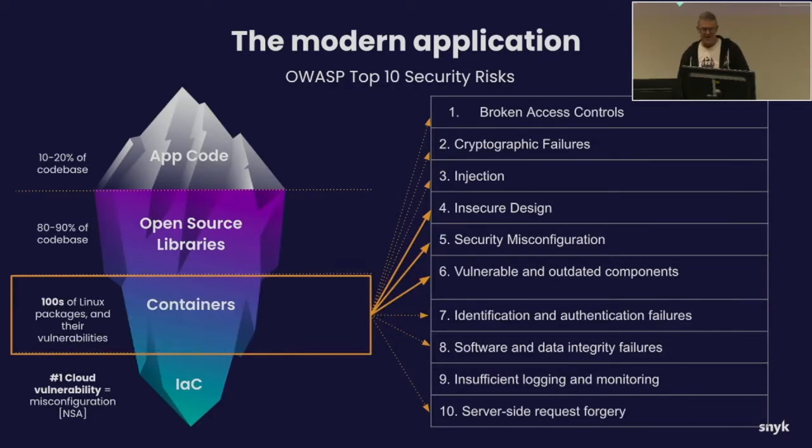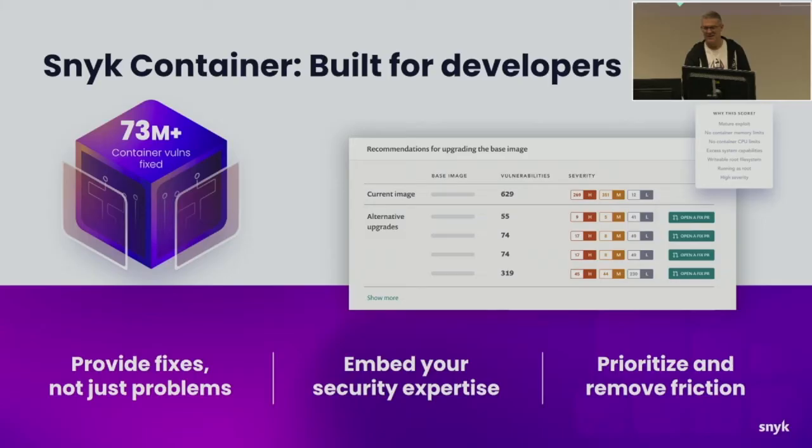So getting down to the next point, containers. Your closed source code and your open source code is being composed into containers. Those containers actually come with their own risks. So we give you the ability to look at your current image, which has got 200-something vulnerabilities. A lot of containers have about 1,000 or so vulnerabilities in them.